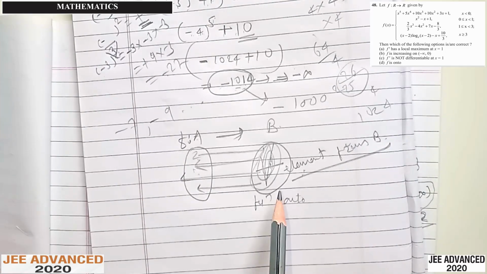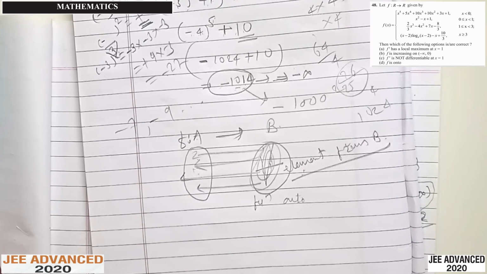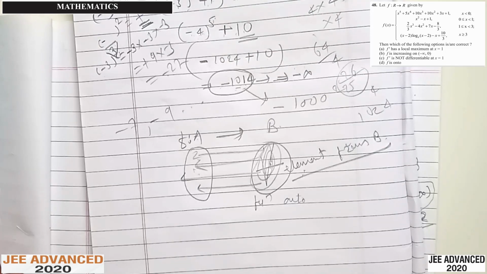Understood the definition of onto function? Onto function is also called a surjective function. One-one function is called injective, onto function is called surjective, and one-one and onto function is called bijective. We are looking only for onto function, so I'm not going to explain the other definitions. If you want to see them, check my playlist.